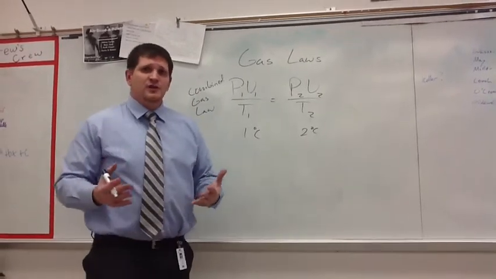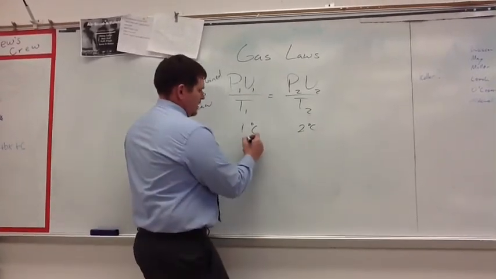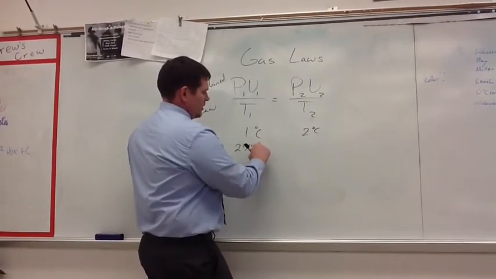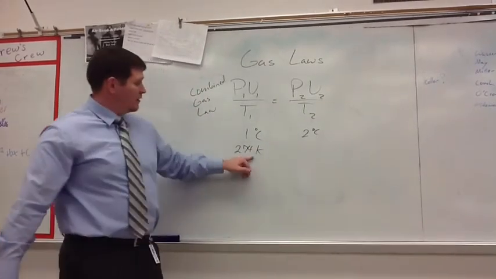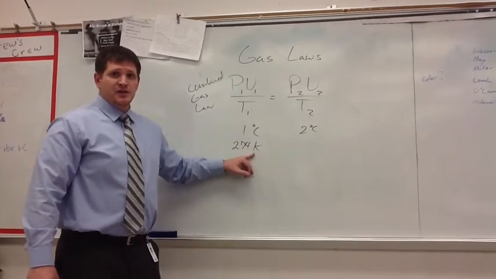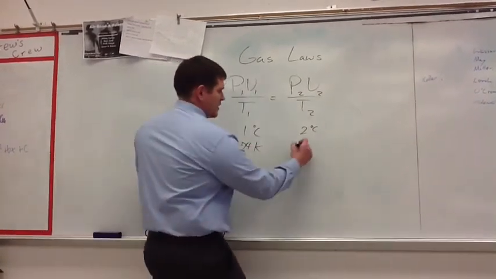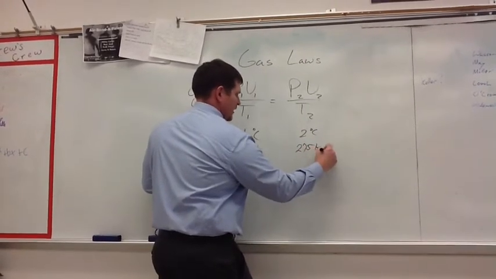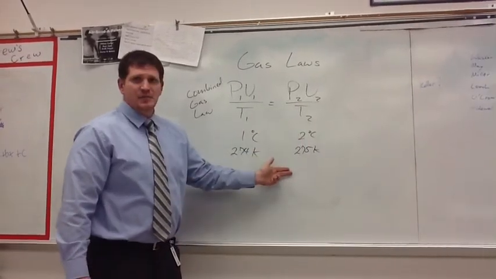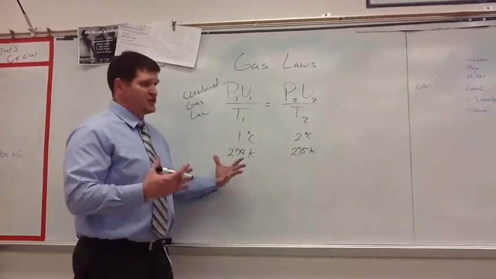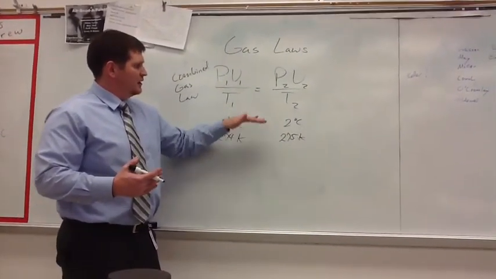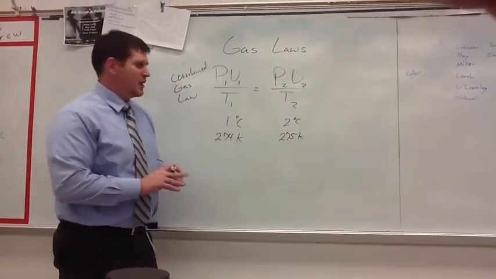But in the absolute, it hasn't. 1 degree Celsius is 274 K. I've gone dyslexic for a moment. 274 Kelvin. 2 degrees would be 275 K. So the ratio doesn't fit as being twice as big. Okay, so our temperature, or our energy, per se, doesn't change there. So we have to make sure that our energy, or our temperatures, are in K. That's going to help us out quite a bit.